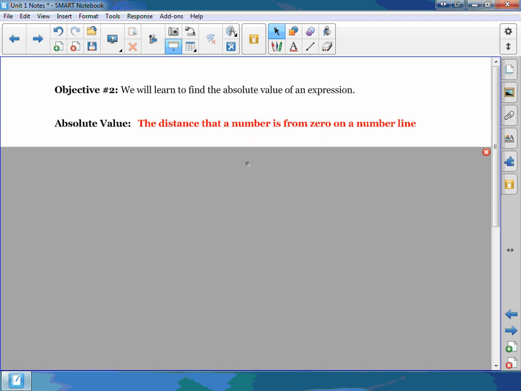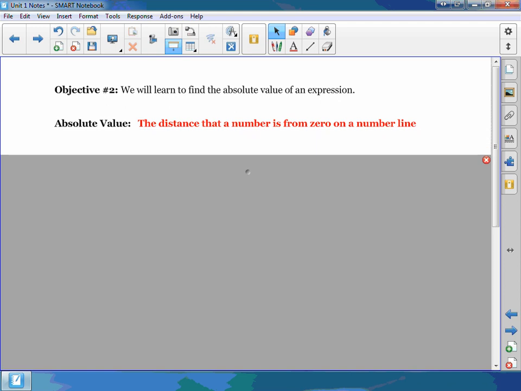All right. Absolute value. This is our objective too. And this is probably really the only new concept you're going to experience in this section. Absolute value, as you can see, is the distance that a number is from 0 on a number line.